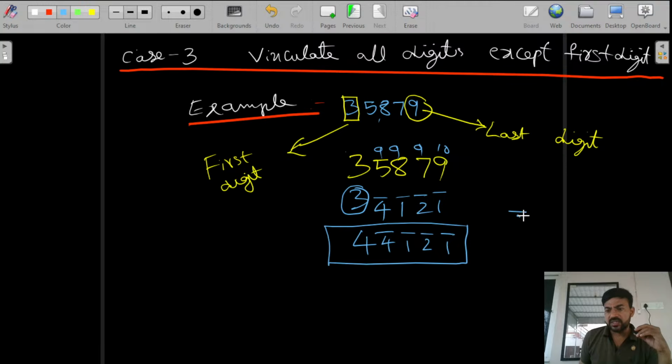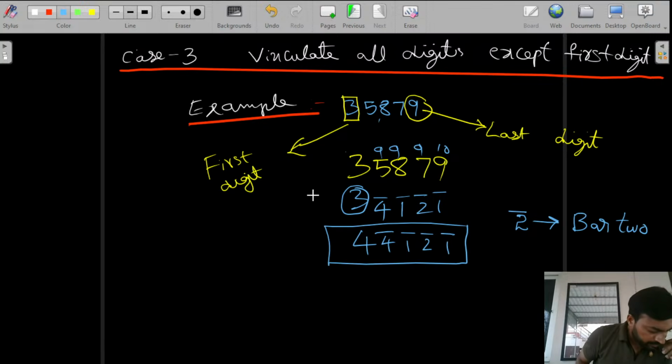You have to pronounce it as bar 2. Remember that. Okay. So like this you have to follow these specifications.